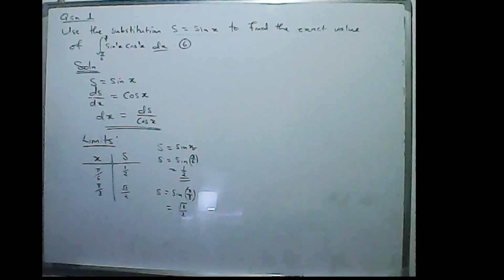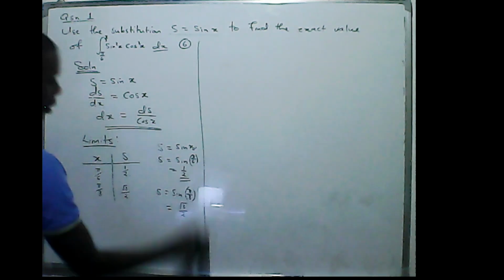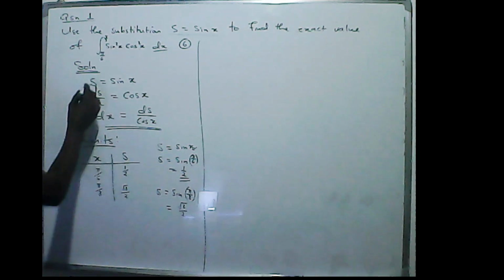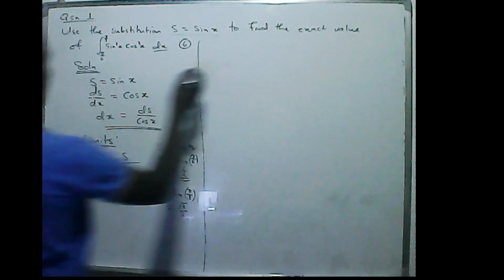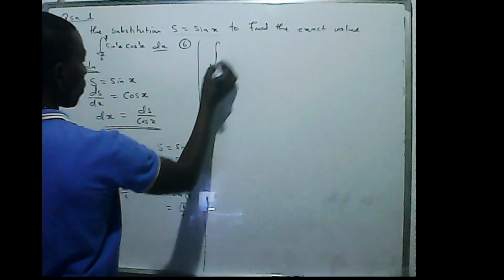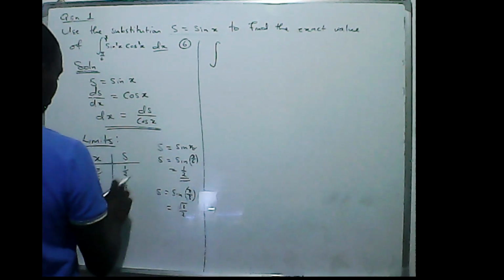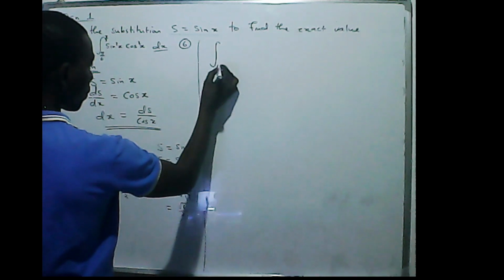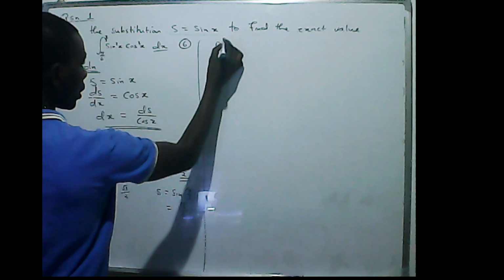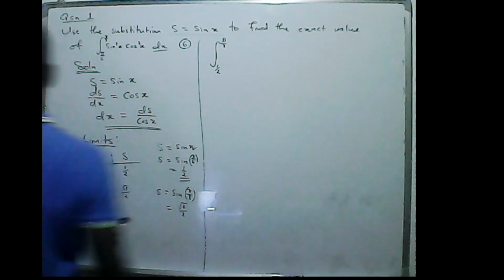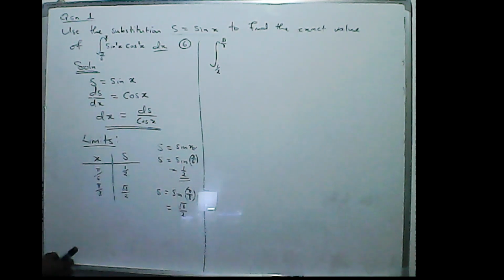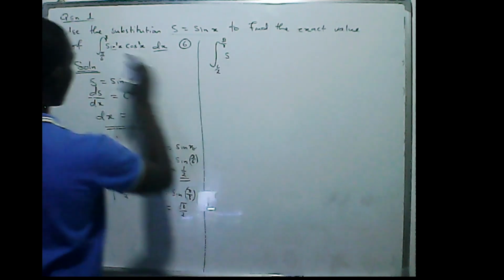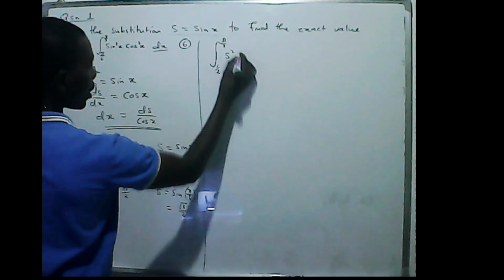Now we are substituting with s, which means we have the integral from half up to root 3 over 2. For sine we substitute s, so sine squared becomes s squared.